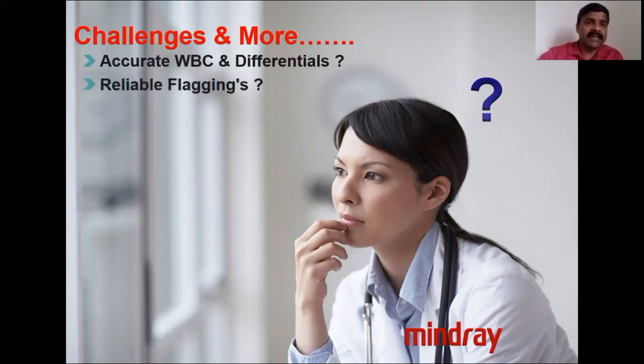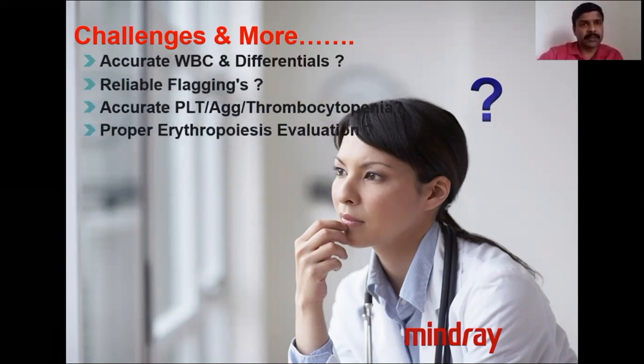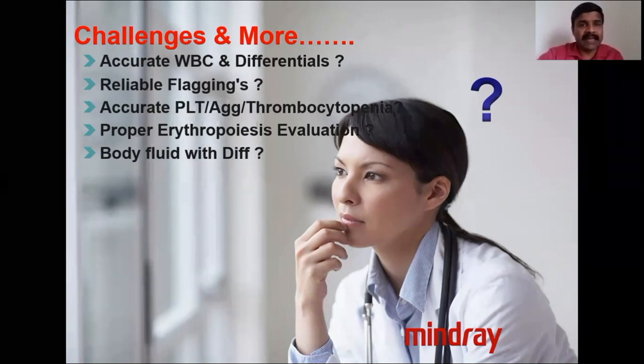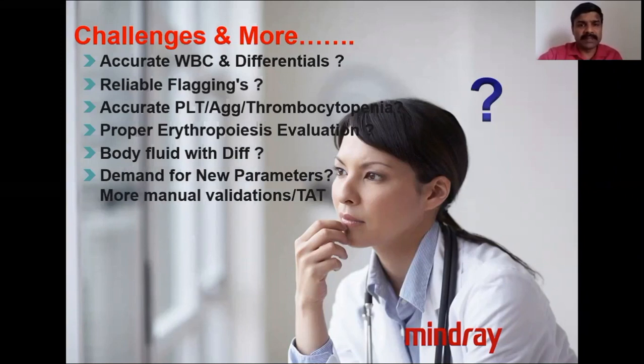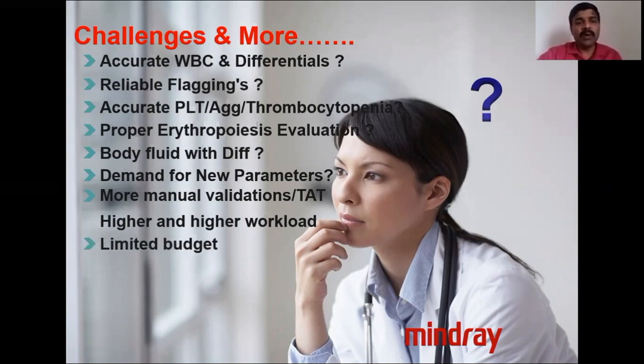You can see many challenges we were facing with respect to accurate WBC counting, with respect to the thrombocytopenic sample and getting accurate platelet counting, and how to remove the platelet aggregates from the sample, how to get more information regarding the erythropoiesis evaluation, and how to get new parameters which are very useful for the clinicians, and how to avoid or reduce the manual interventions for the validation steps or to reduce the turnaround time. So how the technology has helped to face all these challenges, we will see in our coming presentations.